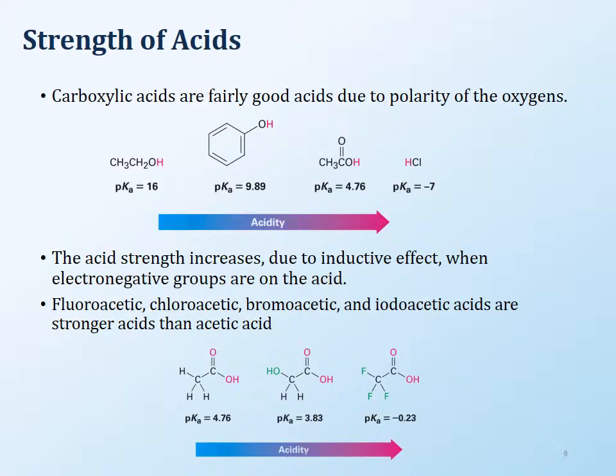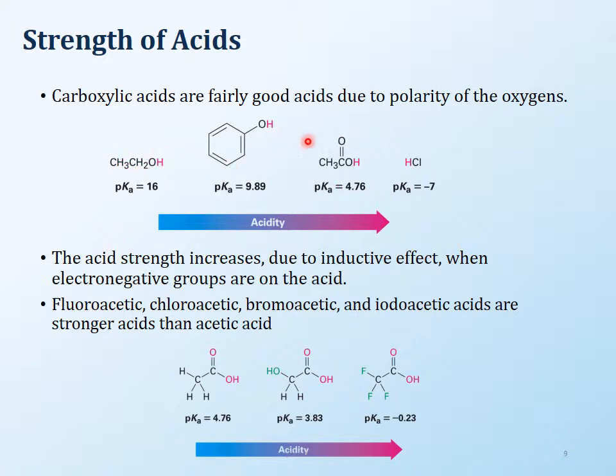Now, regarding the strength of the acids, because they are acids anyhow, how do they compare across the board? Here are the pKa's of alcohol, phenol, and then acid, and then of course HCl is the mineral acid. Alcohols have a high pKa of 16. Phenols are stronger acids than alcohols because we talked about resonance, remember? So this hydrogen is more acidic than the hydrogen in an aliphatic alcohol.